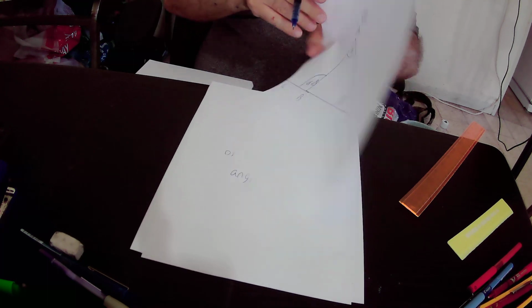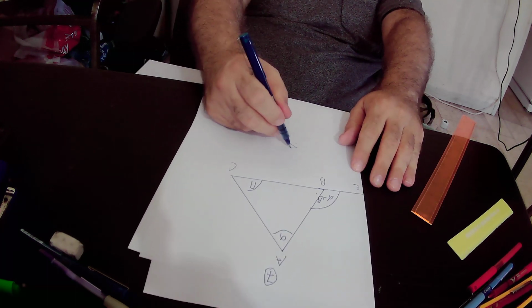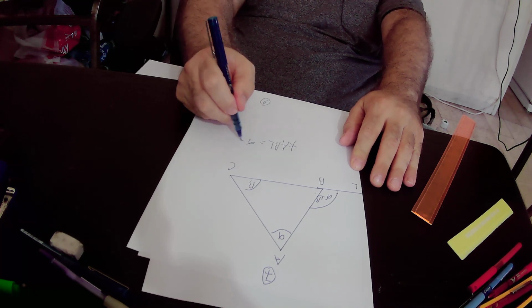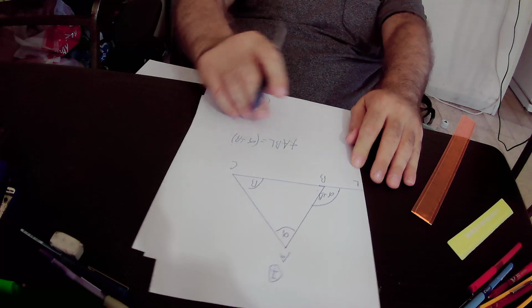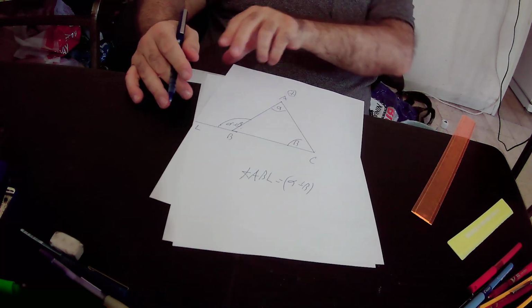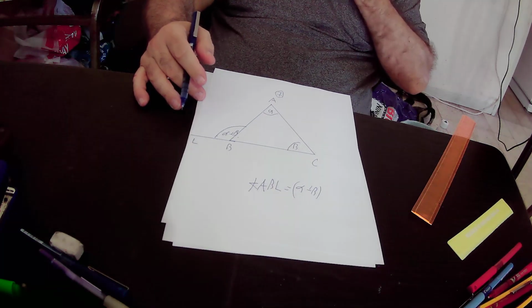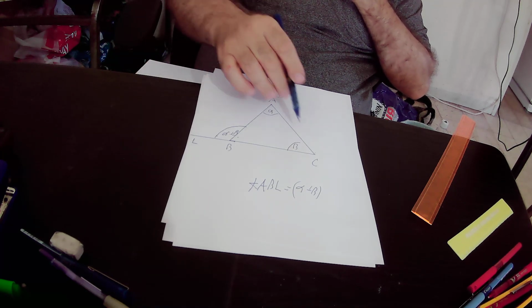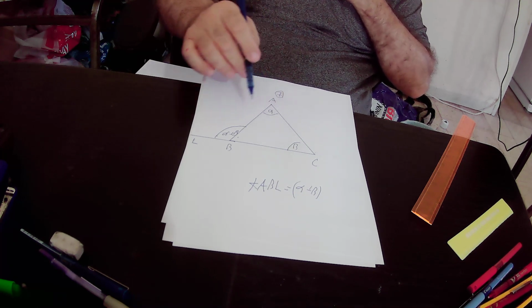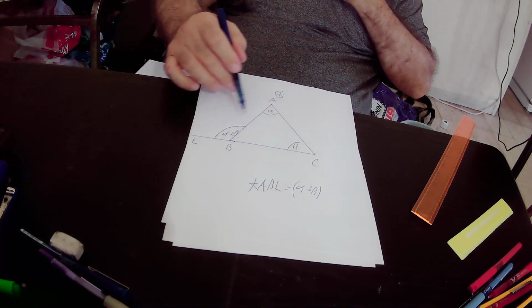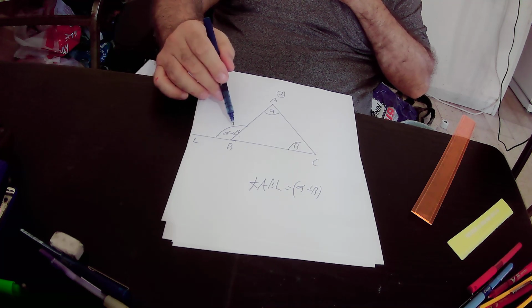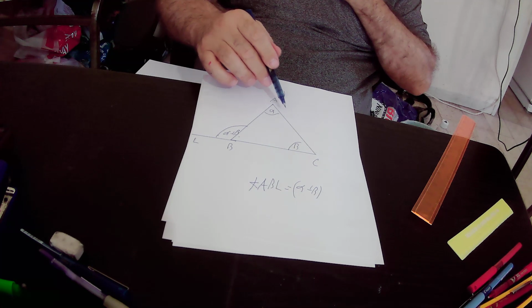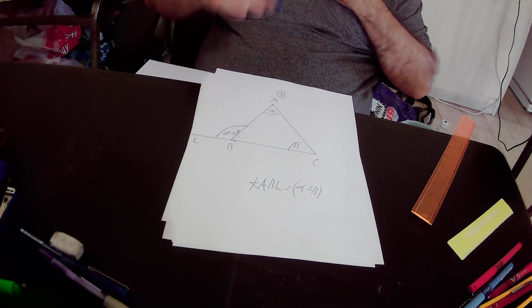Again, the exterior angle, angle ABL, equals the sum of the two opposite interior angles, that is alpha plus beta. Okay?